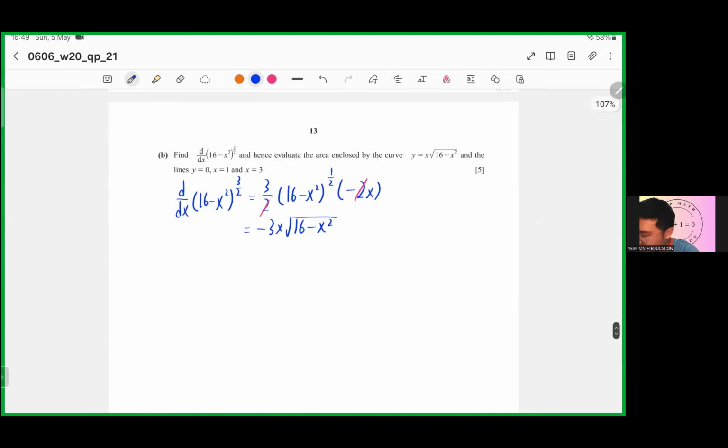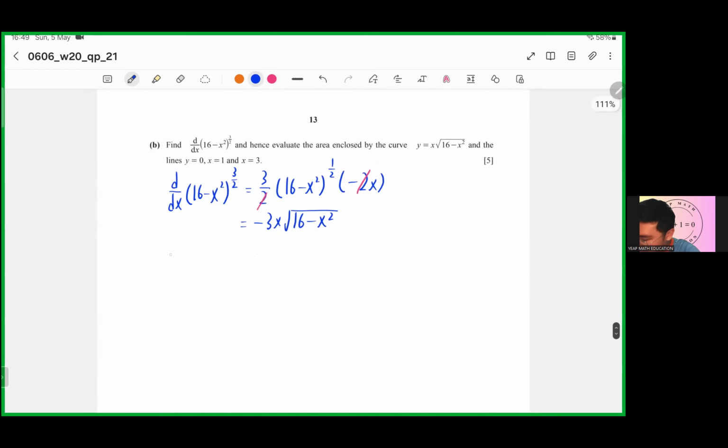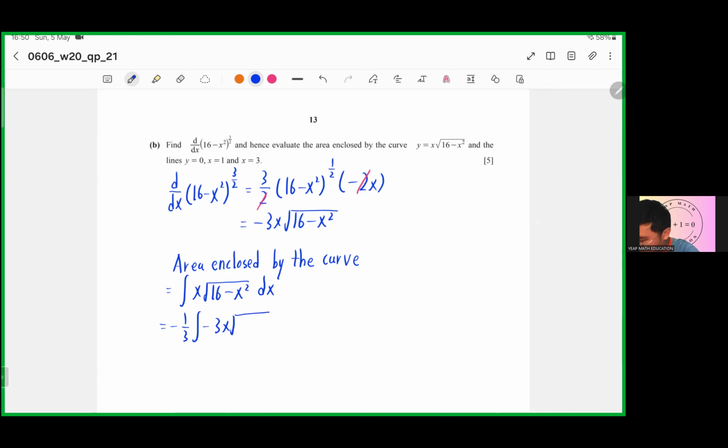Now we need to find the area enclosed by the curve. Actually it equals the integral of x square root of 16 minus x squared dx. So we can put negative 1 over 3, and then negative 3 here.